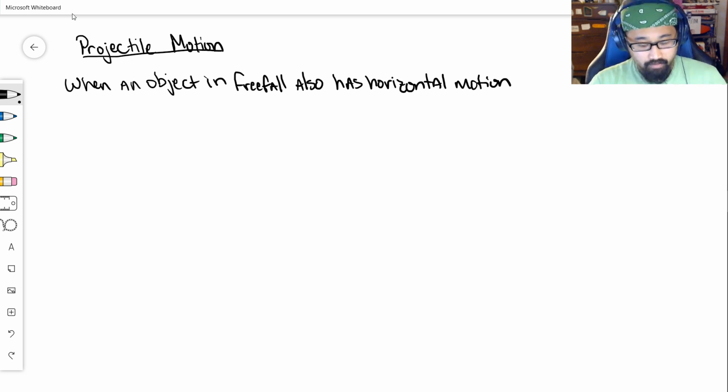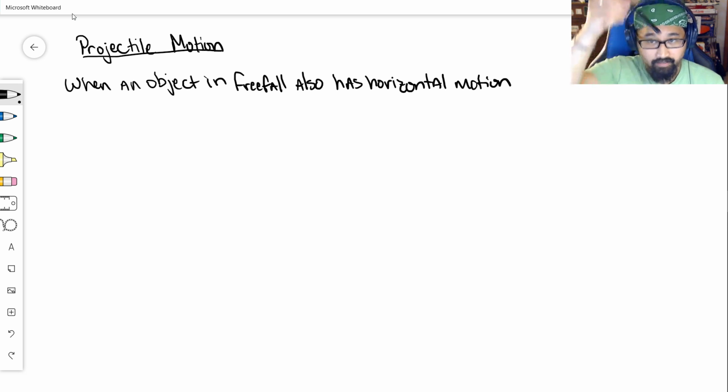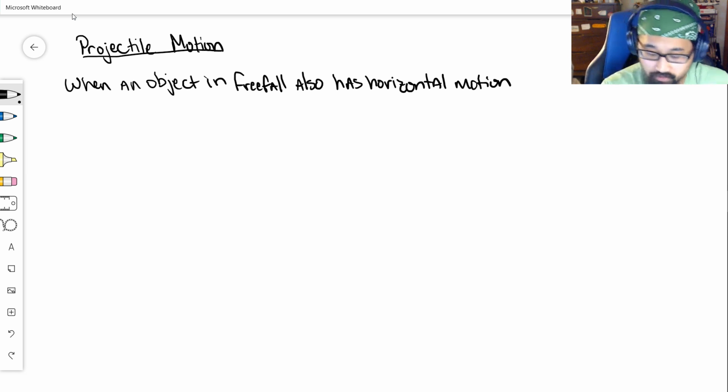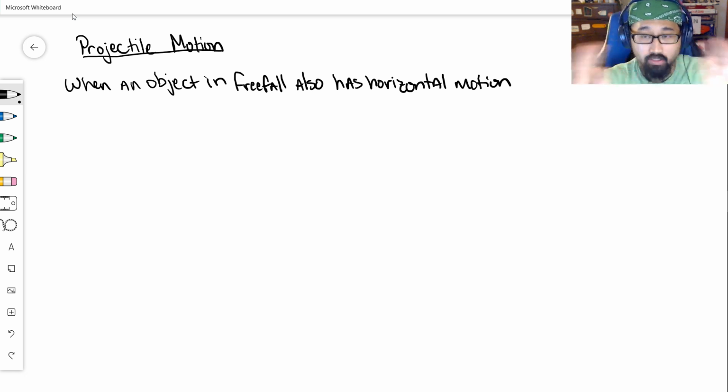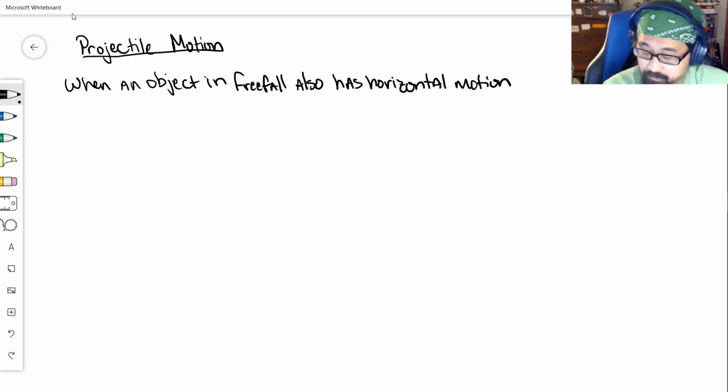So all the rules for free fall apply, which means that the acceleration is the acceleration due to gravity. It's 9.8 meters per second squared, pointing down. But there's additional stuff that you will automatically know because this object is a projectile, right?